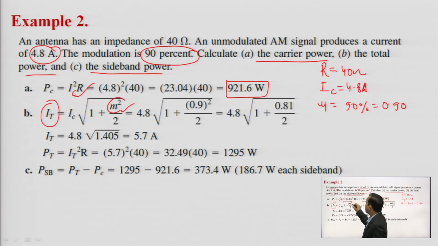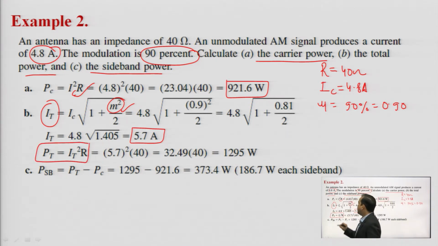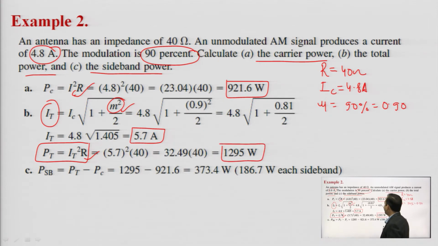So if we have the modulation index mu, then we can calculate the transmitted current. This transmitted current is around 5.7 ampere. Using this total transmitted current, we can calculate the transmitted power, PT equals IT square R. This value comes to around 1295 watt.